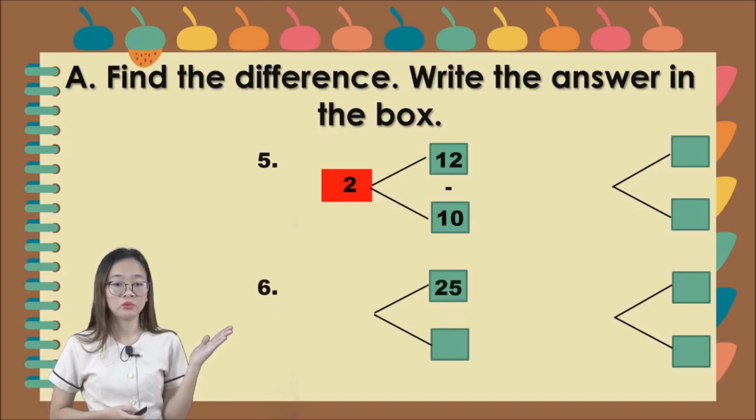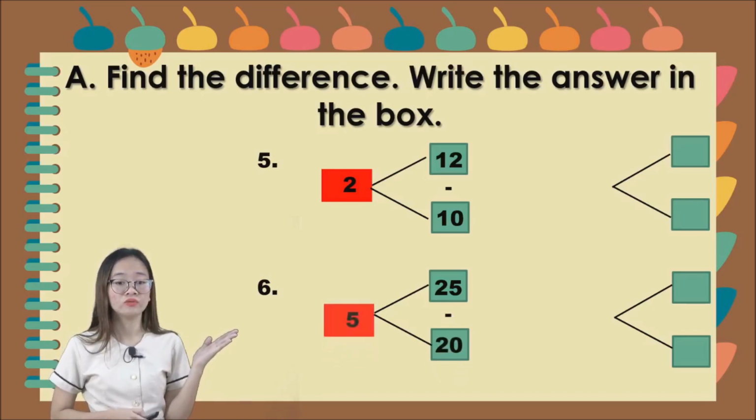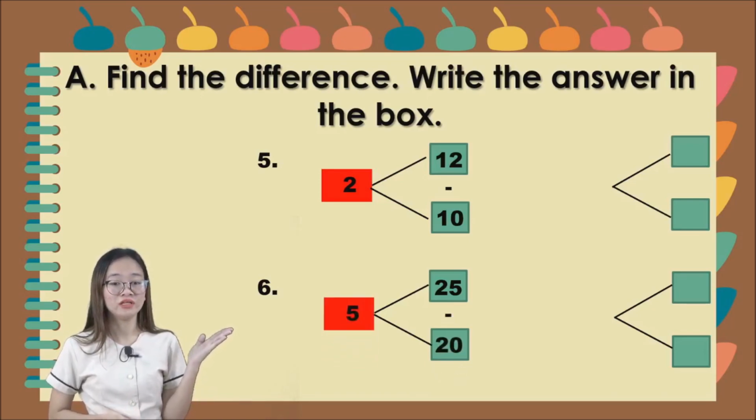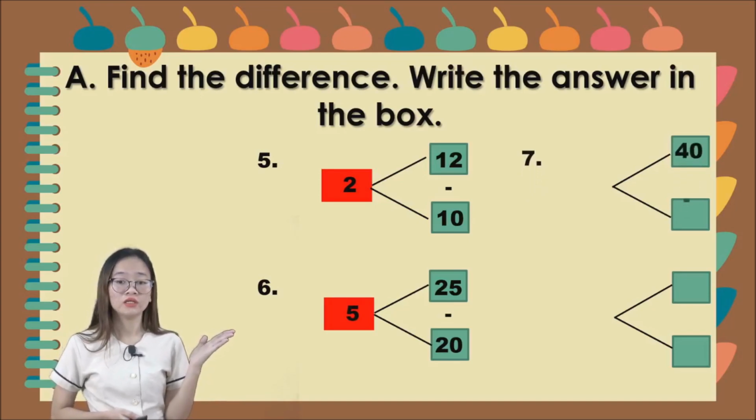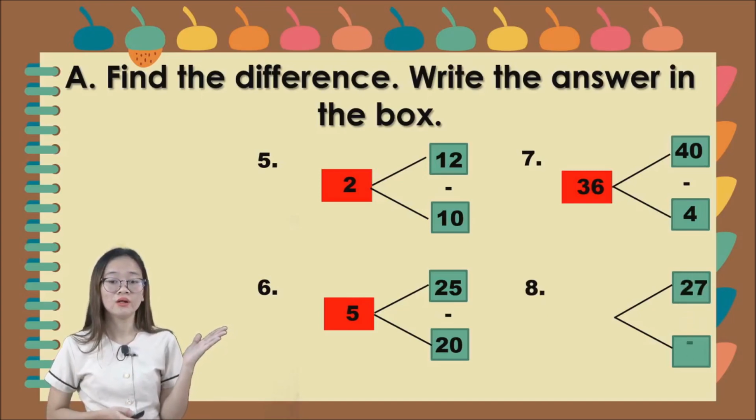So we have 25 minus 20 is equal to 5. Okay, very good. Next, number 7, we have 40 minus 4 is equal to 36. Number 8, we have 27 minus 17 is equal to 10.